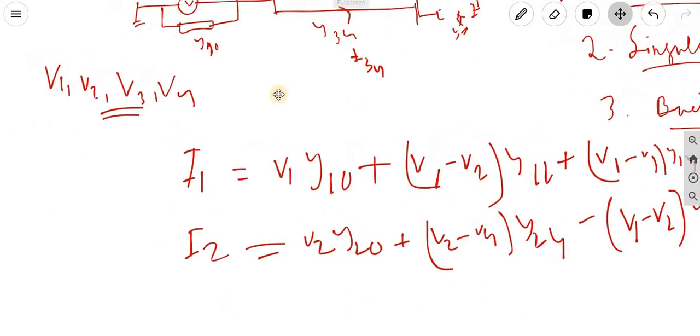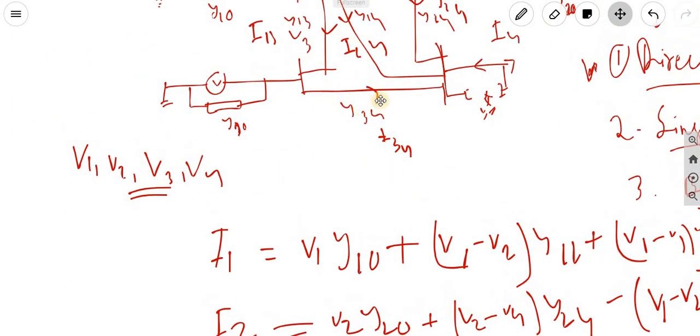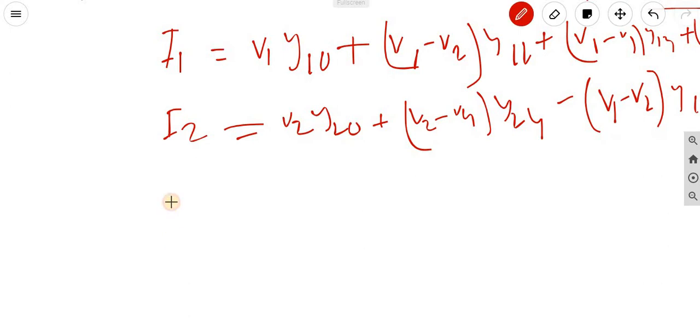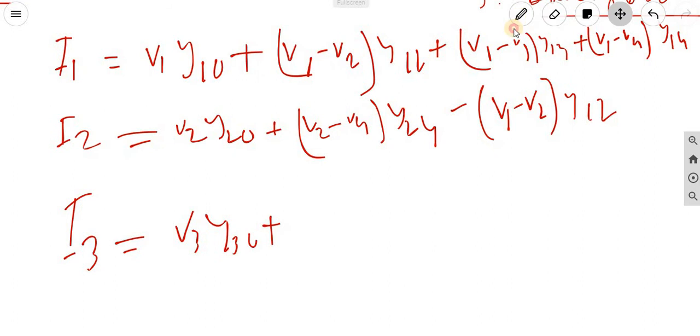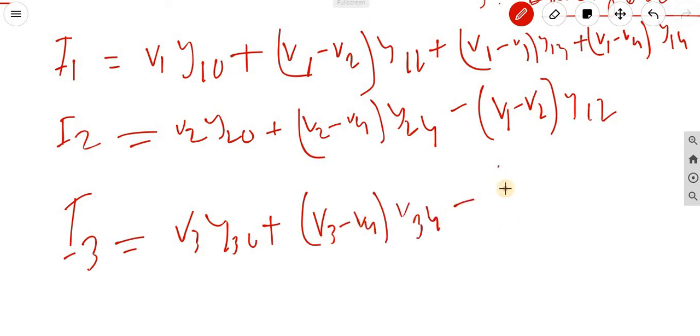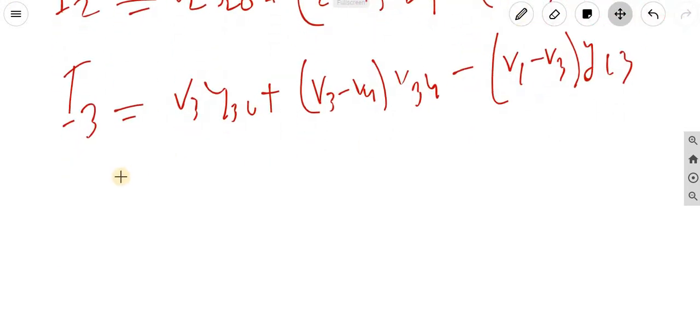And for current injection 3, y30 and y34, so V3 (V3 - V4) minus (V1 - V3) y13. And for I4, what could we get?